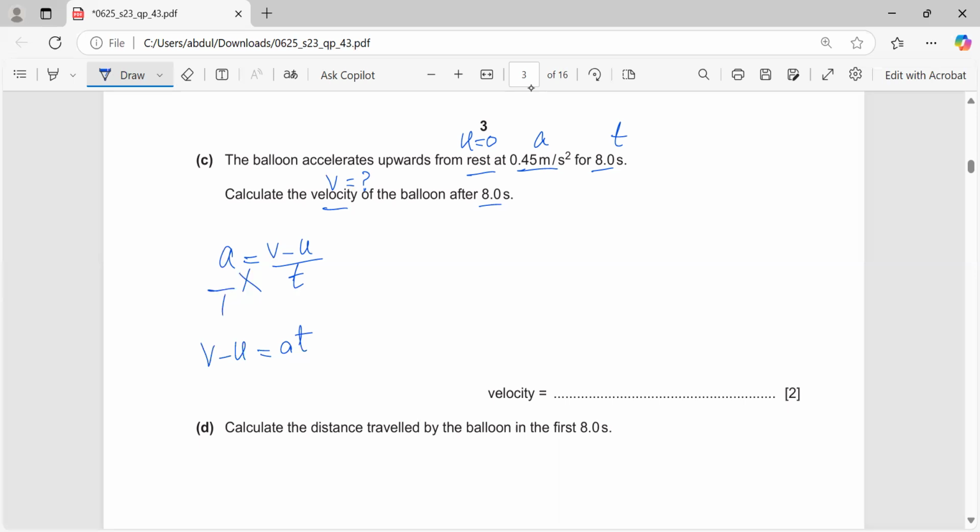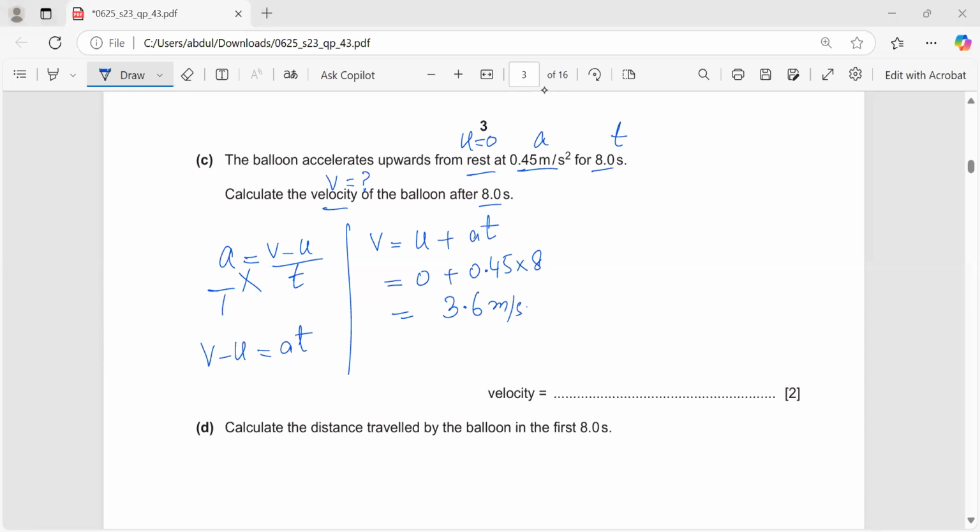Now make v the subject of the equation: v is equal to u plus at. Now u is equal to 0, a is equal to 0.45 and t is equal to 8. As you simplify, the answer will be 3.6 meters per second.